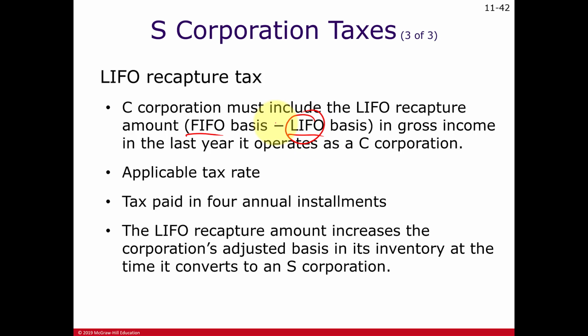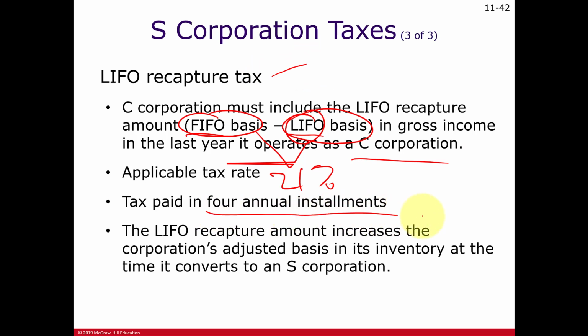Well, when you elect to be an S corporation and you are using LIFO, the government is going to charge you a fee for that conversion equal to the bigger FIFO basis of that inventory minus the LIFO basis you have, and that difference they tax you at 21%. It taxes the C corporation just before it turns into an S corporation at that 21%. Although the nice thing, if at all, there's a nice thing, they allow you to pay this so-called LIFO recapture tax over 4 years without charging you interest.